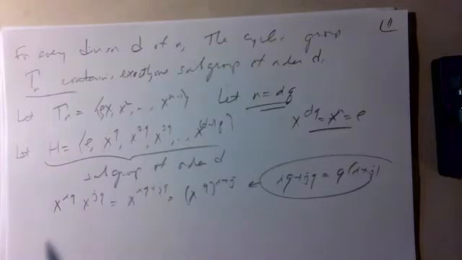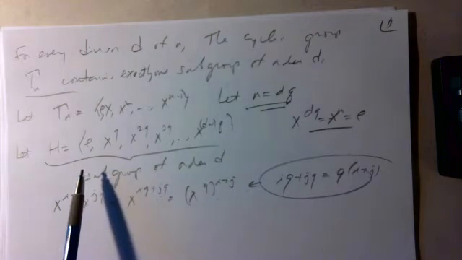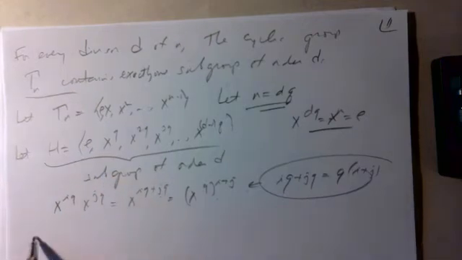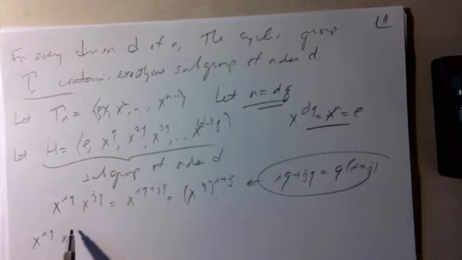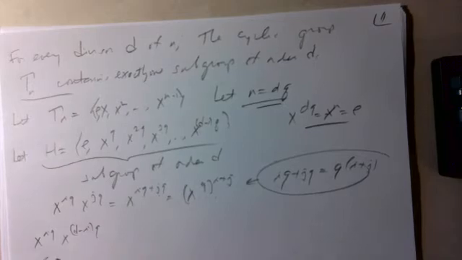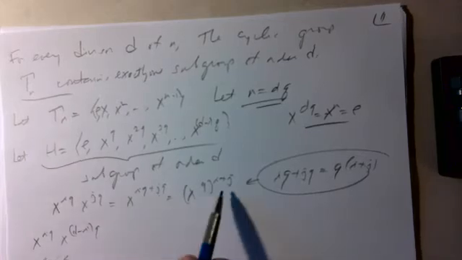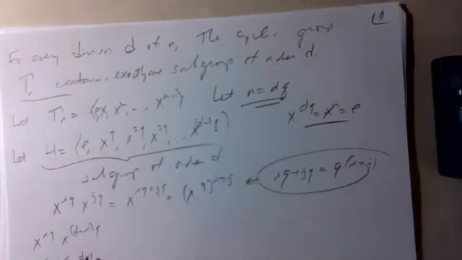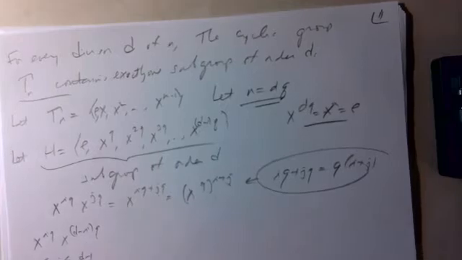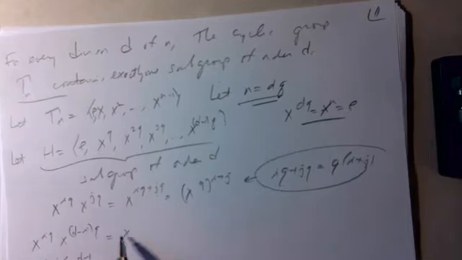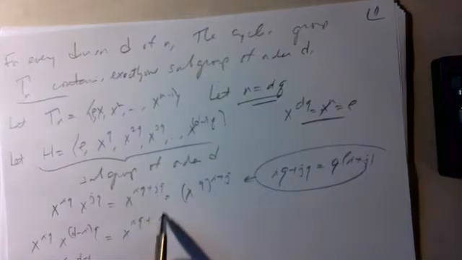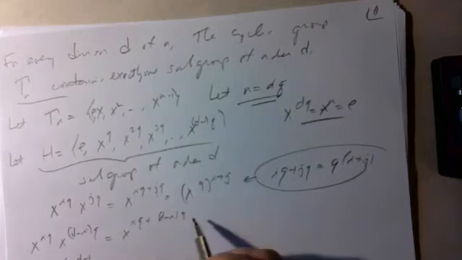This set is closed under multiplication, and it contains the inverse of each element, because x to the iq times x to the (d minus i) times q, for i between 0 and d minus 1, so that d minus i is between 1 and d, is x to the iq plus (d minus i) times q.